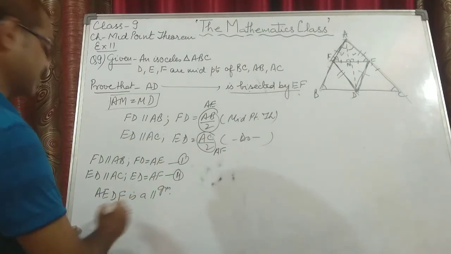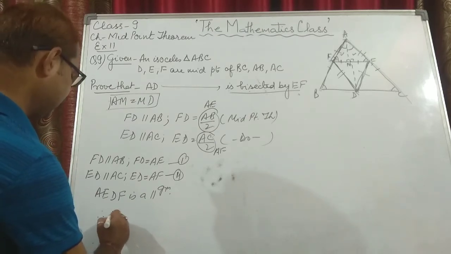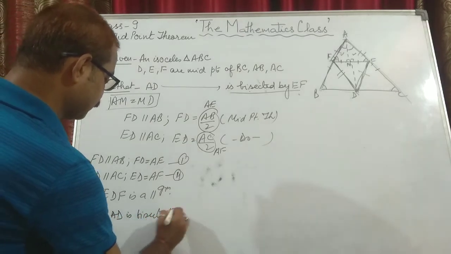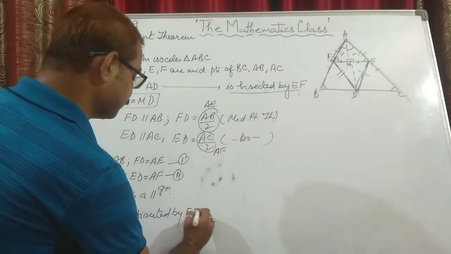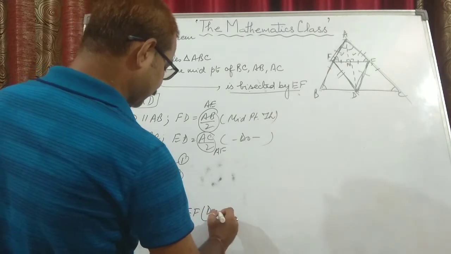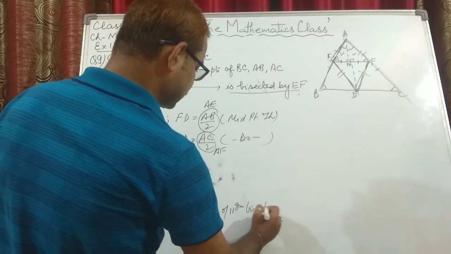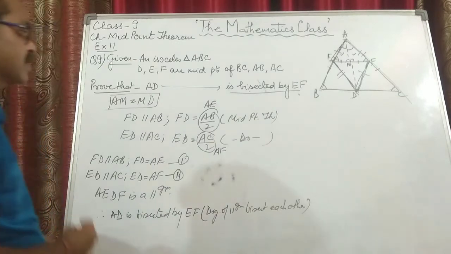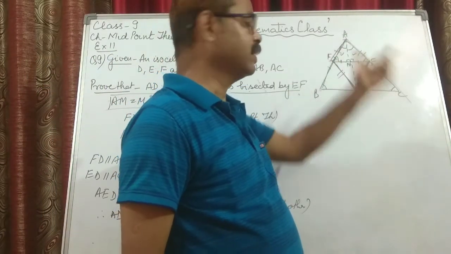Therefore AD is bisected by EF, because diagonals of a parallelogram bisect each other. So because of this reason, we can say that AD is bisected by EF.